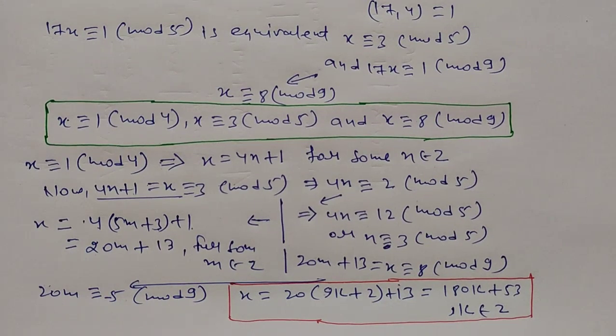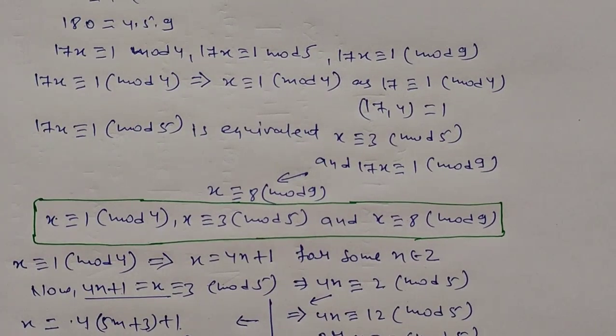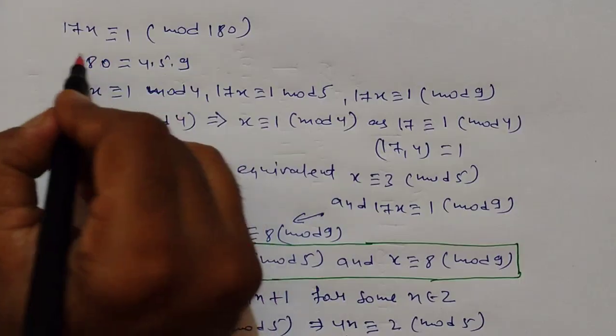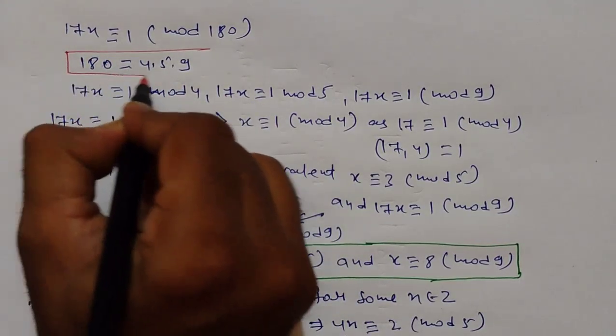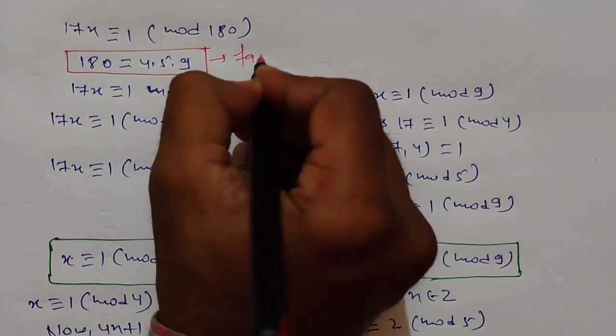This is the final result. I am just highlighting the important points here. First, we have factorized 130 in the form of 4 into 5 into 9.